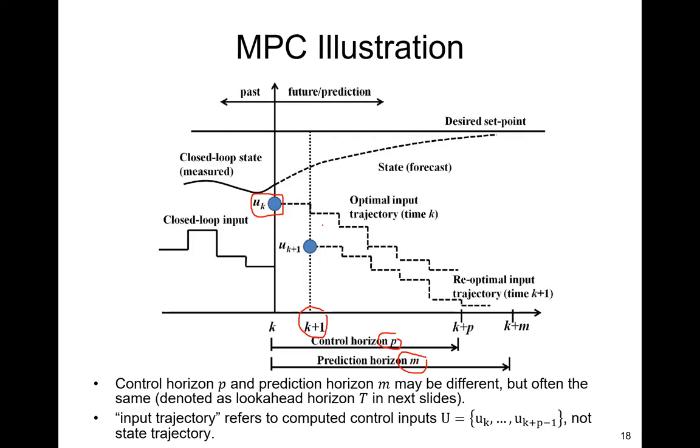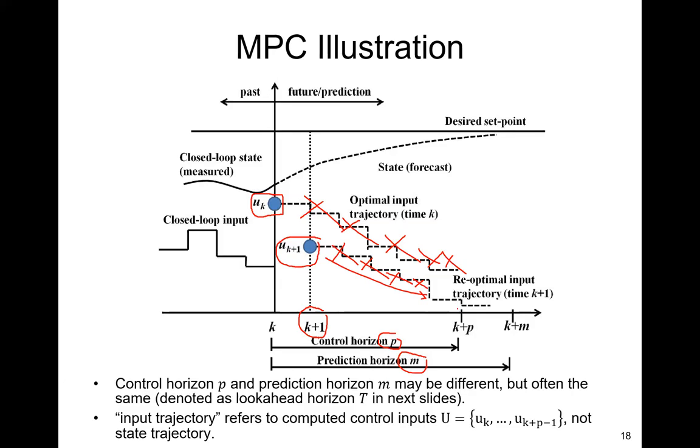You only take the first control input UK, all the others are thrown away. And then at the next time step k plus 1, you again compute a sequence of control inputs and take the first control input action, throw away the rest, and then move forward.